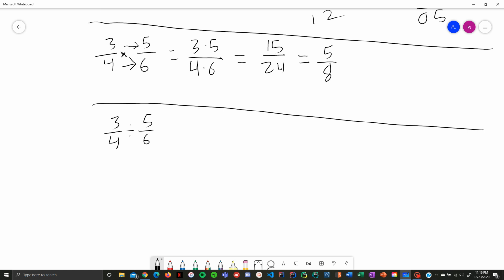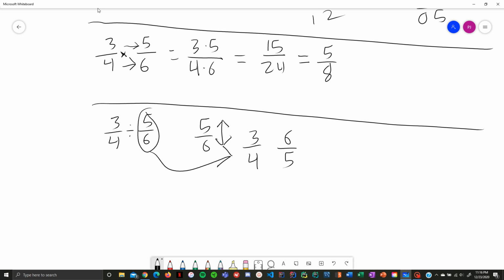And what that means is we're just going to simply be flipping 5 over 6 so that the 6 is on top of the 5. So this problem is going to be rewritten just like this over here as 3 over 4. And then you have to rewrite this as 6 over 5. Whenever you do division, you have to do the reciprocal of the second number. It's very important that you do the second number.